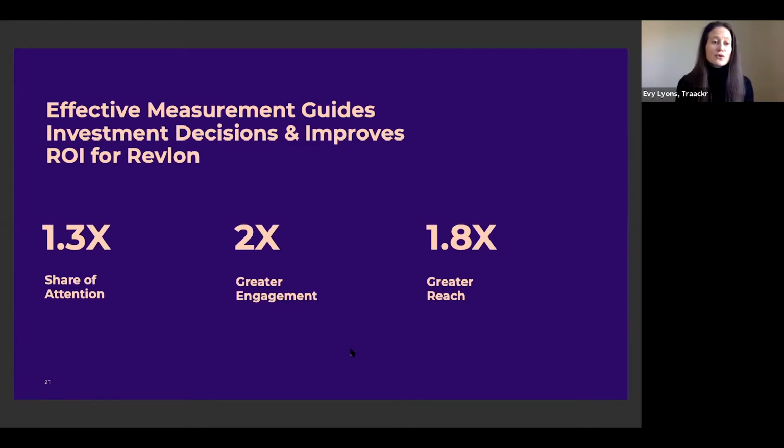And I think what's truly incredible about this is that you activated, this is comparing 2020 to 2019, so obviously two very different years, but also you activated roughly the same number of influencers in each of those years. And yet through the framework that you put in place, we're able to get far more out of those partnerships.